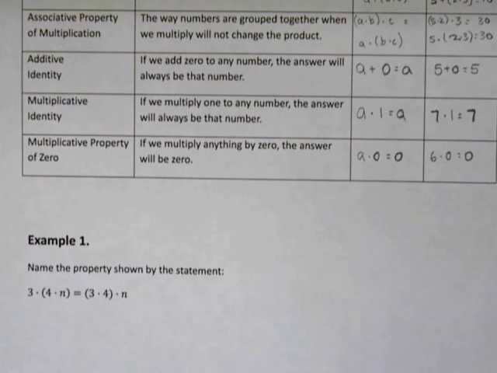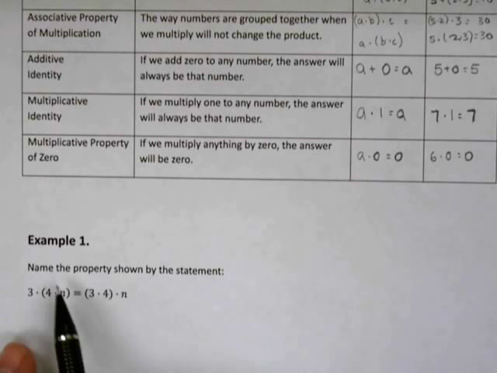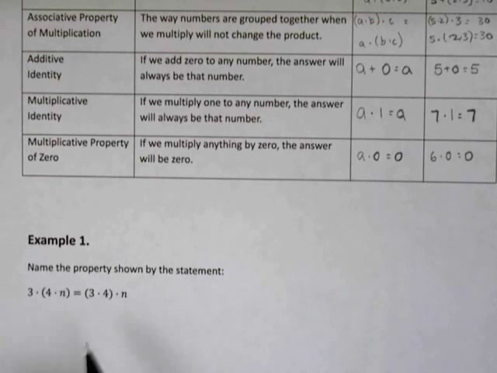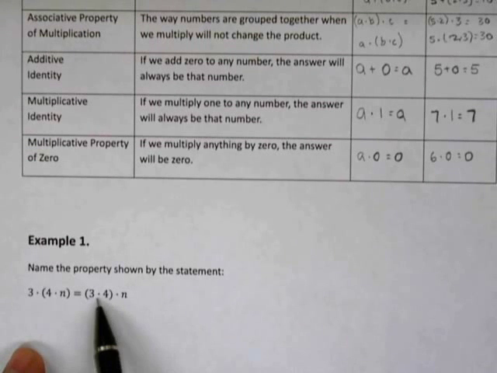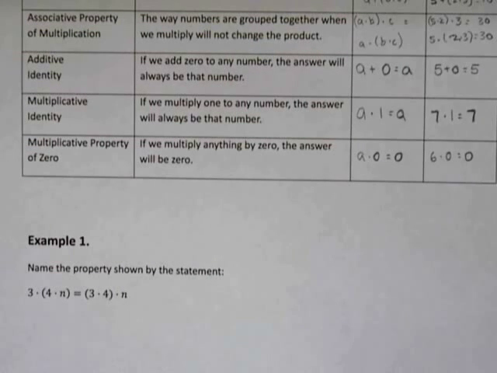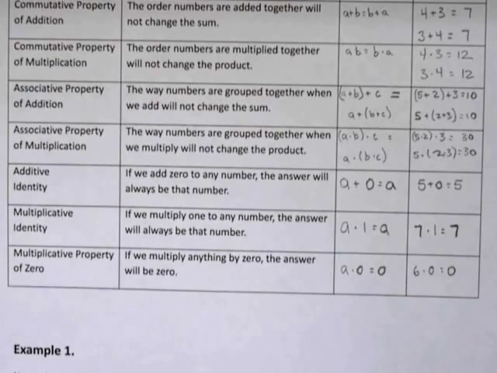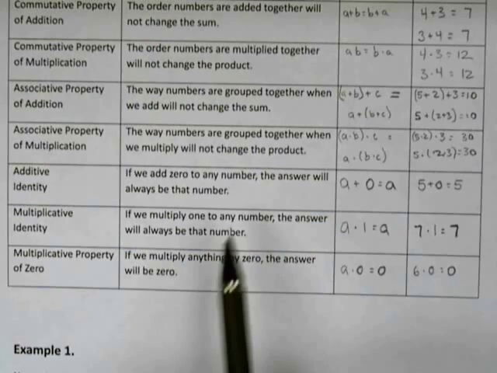So let's do a couple quick short examples just to kind of tell you how you're going to be using this information. Example 1 is to name the property shown by this statement. And this is 3 times, in parentheses, 4 times n is equal to 3 times 4, in parentheses, times n. So what property is this? If we look back up at our table, we can see that this example uses groups.